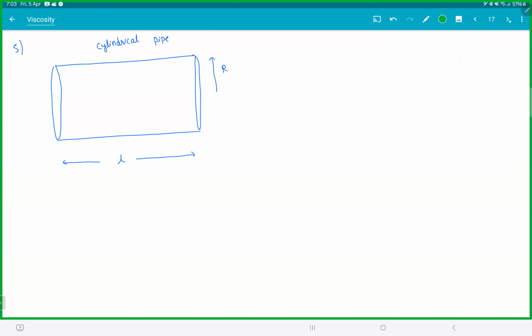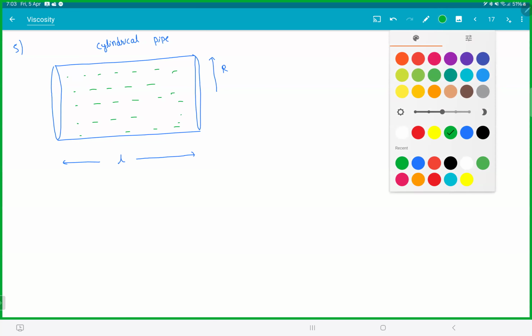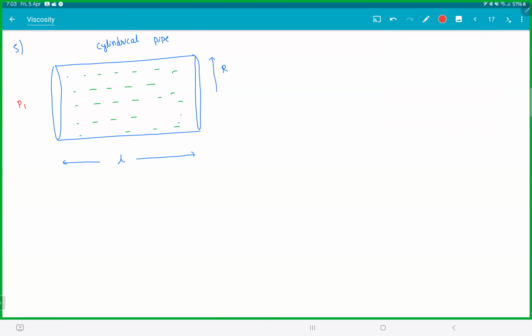So we have a cylindrical pipe here. Here the pressure is P1. Here the pressure is P2. So delta P is P1 minus P2, the pressure difference across the pipe. The viscosity is eta, density is rho.